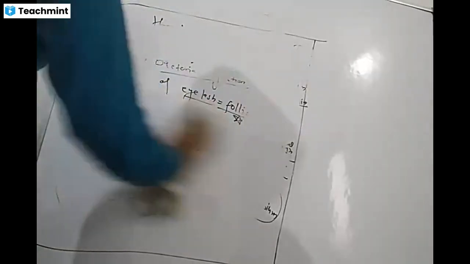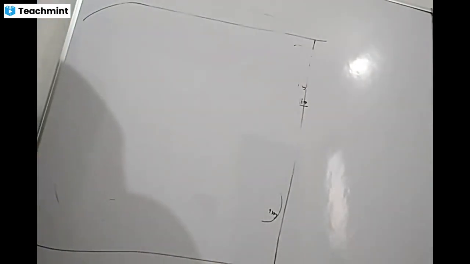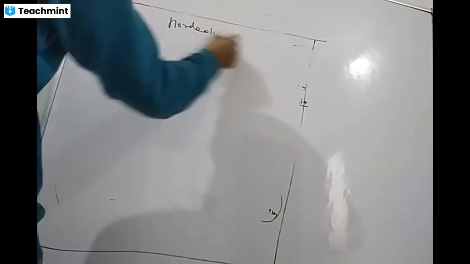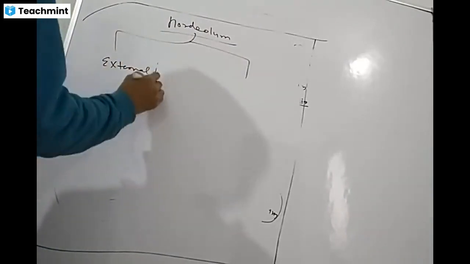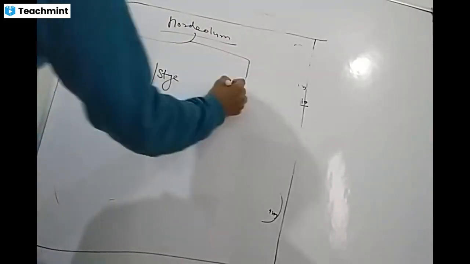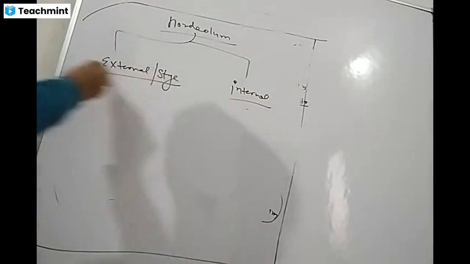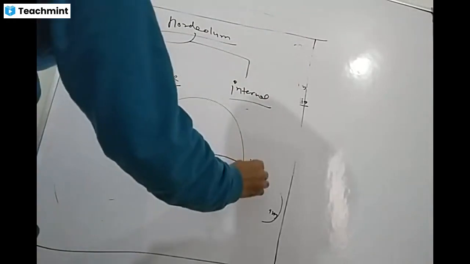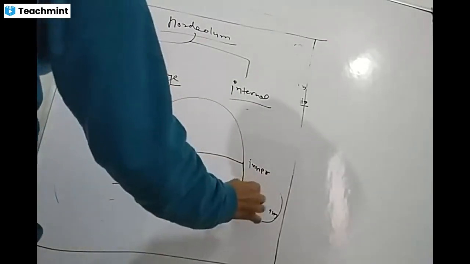So this hordeolum is of two types. One is external, that is also called stye, and one is internal. Then where is external, where is internal? This is the upper eyelid, inner margin, and this is the external margin.